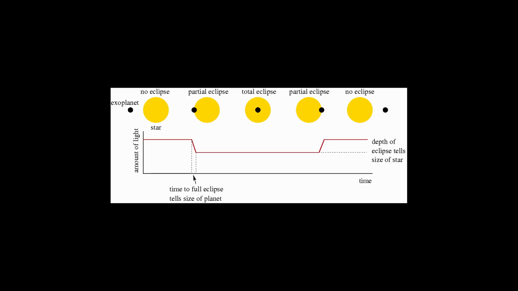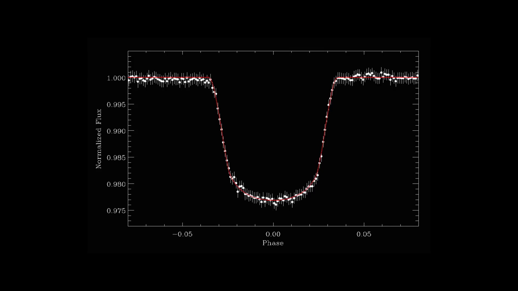Now of course this only works if the orbital plane of that planet is so aligned with the line of sight between that star and us that it actually passes between us and that star.